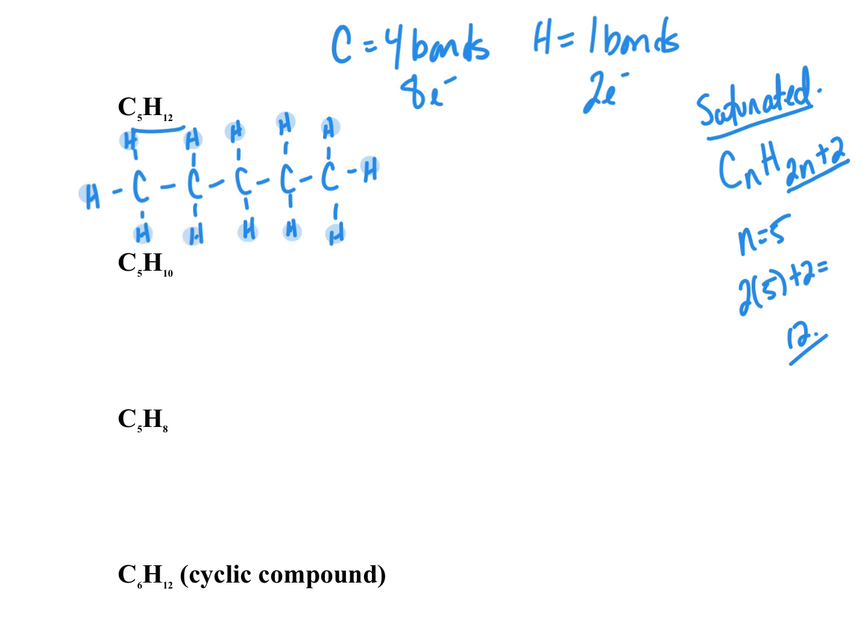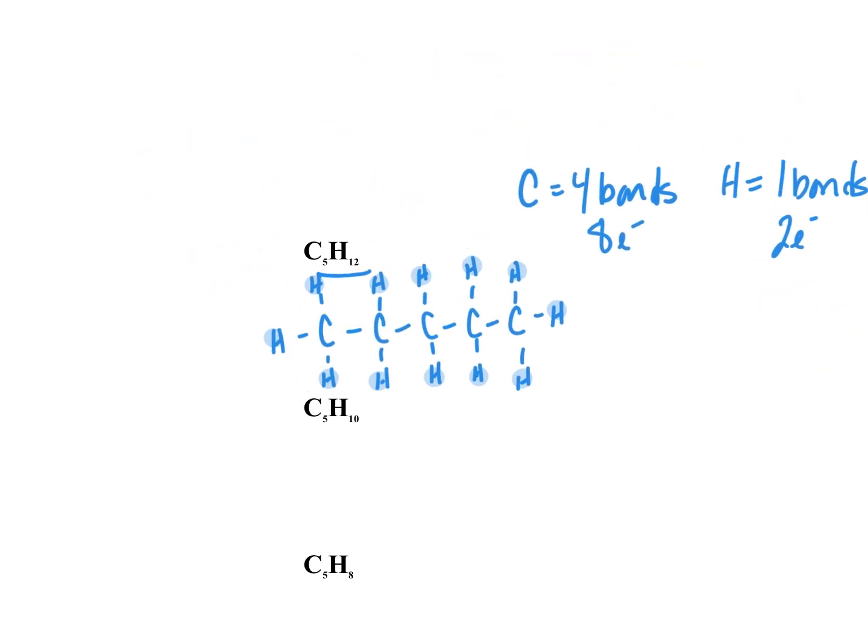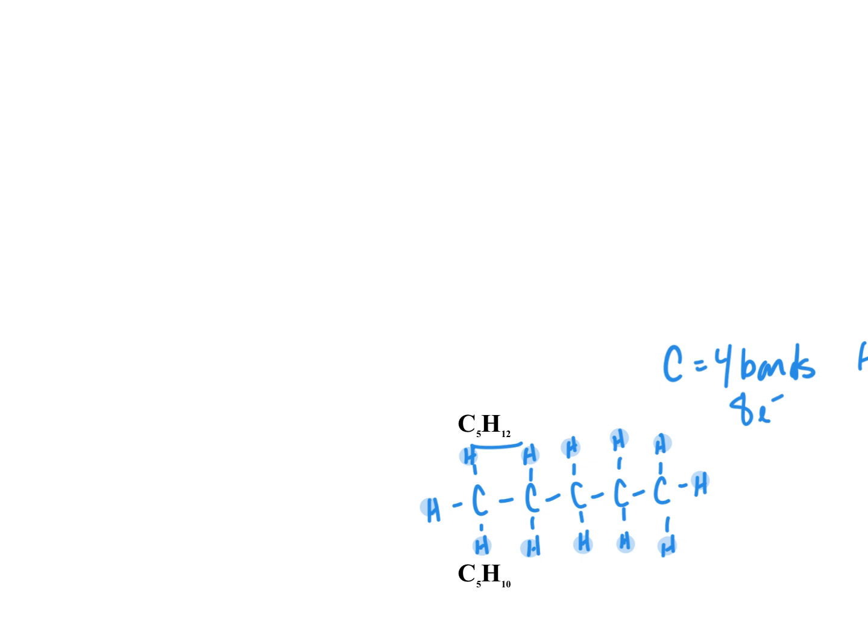Now, when I say that you can have different arrangements of carbon, what I mean is that you could have also had something like carbon, carbon, carbon, carbon, and you could have one of these carbons sticking off of there. That would absolutely work. You still have 5 carbons, and if you go through and put out all of the hydrogens, that would give each of the carbons 4 bonds.